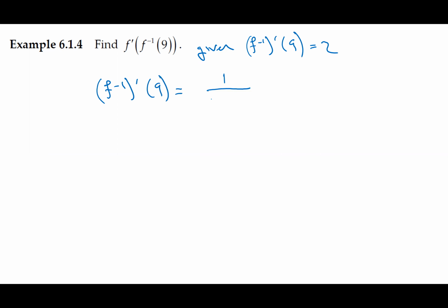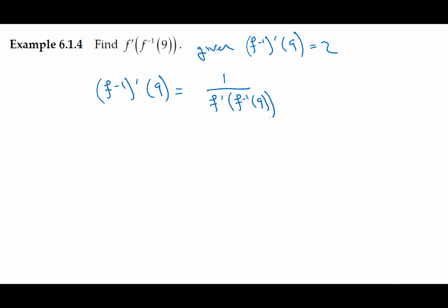All right, so let's use this. Find f prime of f inverse of 9, and we're going to need to add a little bit of information here. Given f inverse prime of 9 is equal to 2. So we know that f inverse prime of 9 is equal to 1 over f prime of f inverse of 9.